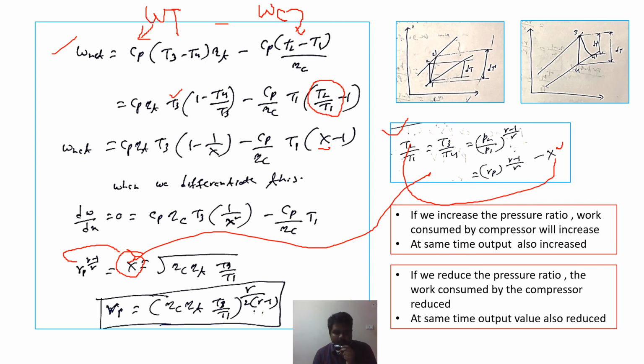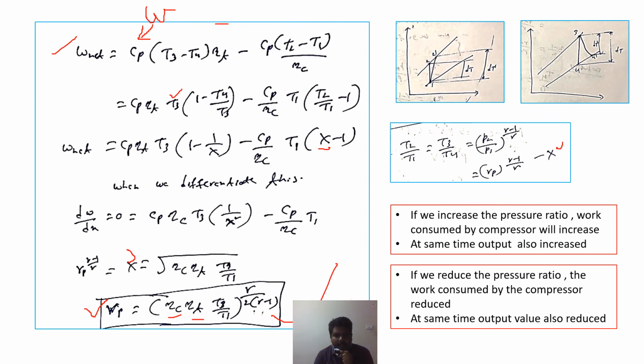Okay. Now finally, the maximum pressure ratio we can write it as Rp equals to efficiency of the compressor into efficiency of the turbine into T3 by T1 whole power gamma by 2 into gamma minus 1. So from this equation we can find the maximum pressure ratio.